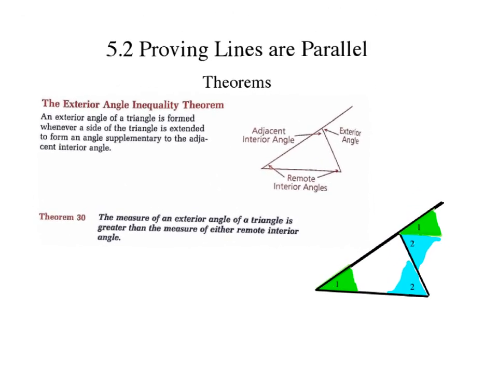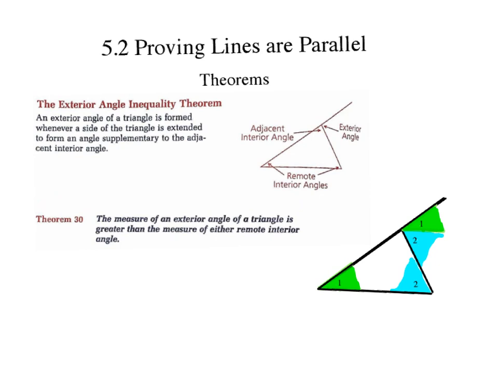Now, to really understand this theorem, you need to understand that an exterior angle of a triangle is equal to the sum of the remote interior angles. So that you really understand this, I'm going to name a few more angles. I'm going to name this angle, angle 3, and then my exterior angle, I'm going to name angle 4.